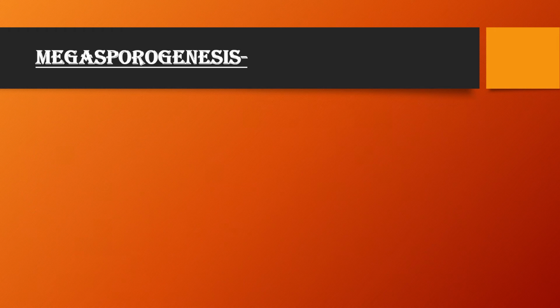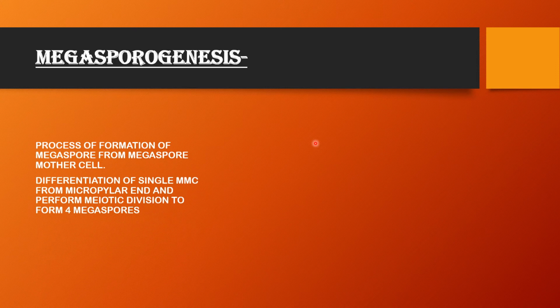Megaspore develops with the help of the process called megasporogenesis. Megasporogenesis is the process through which megaspore develops from the megaspore mother cell. Now, from where will this megaspore mother cell develop? The megaspore mother cell is the initial cell present inside the nucellus.